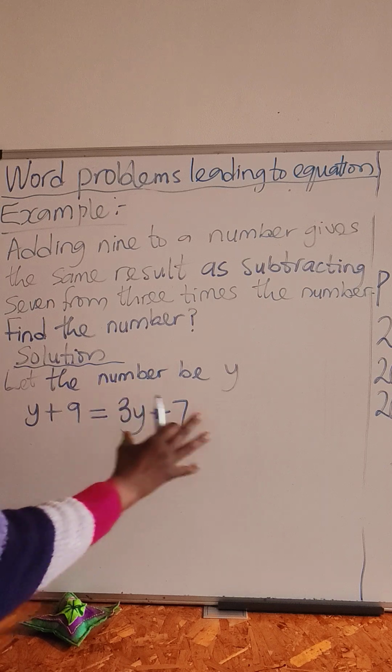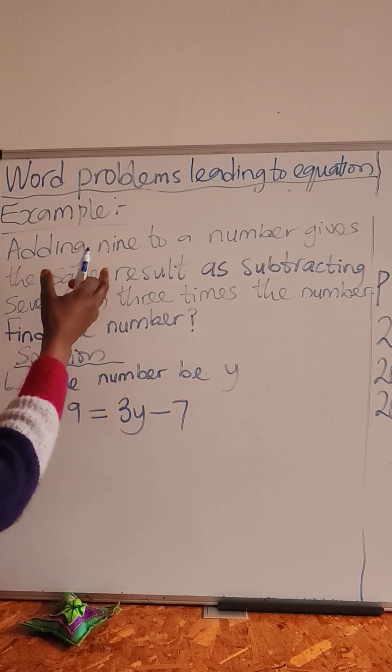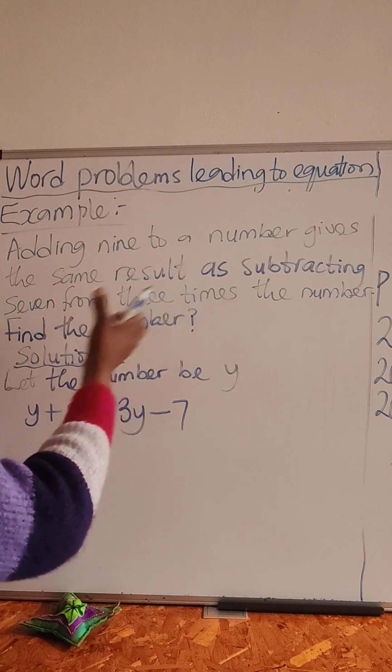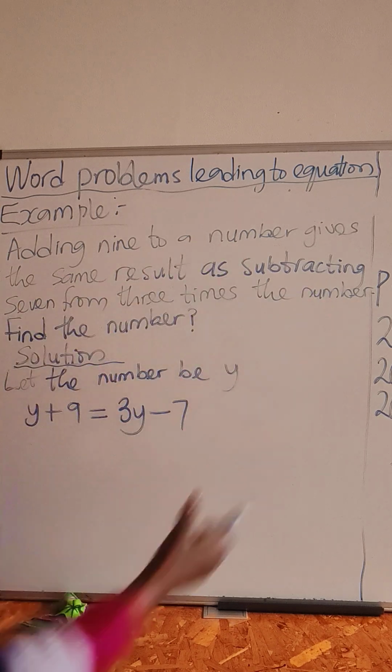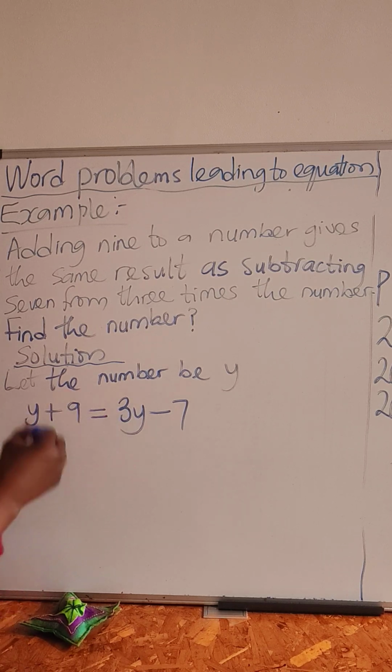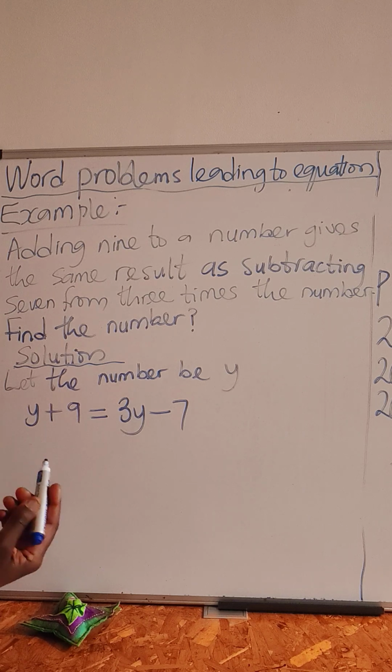So this is it on the board. What we have here is the equation in word form. So we can work on this by collecting like terms in order to know the value of the number, because we just have the number as unknown in letter form.